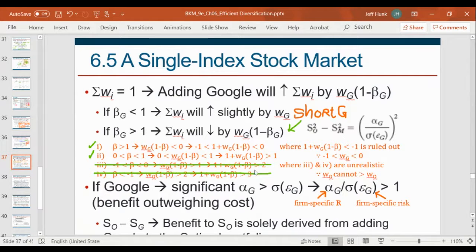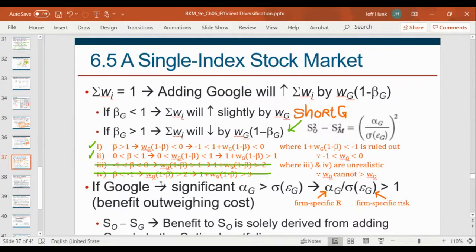And then, if beta is between -1 and 0, then 1 plus beta adjusted weight of Google would be greater than 2.